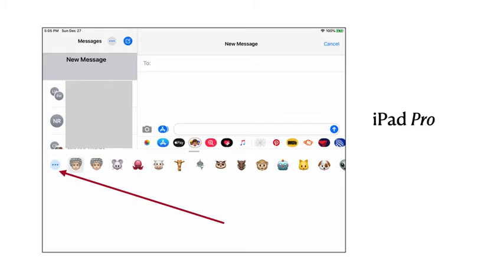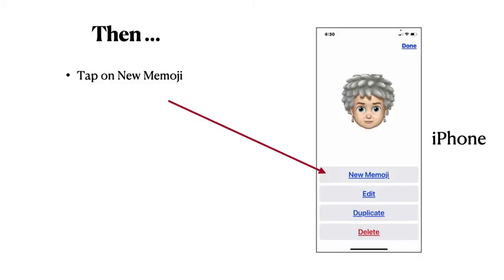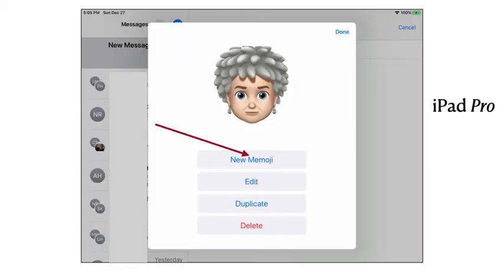Here's what it looks like on an iPad Pro. Once you tap on that, you'll see several options, and you want to tap on New Memoji. So please do that. That's what it looks like on an iPhone. Here's what it looks like on an iPad Pro.